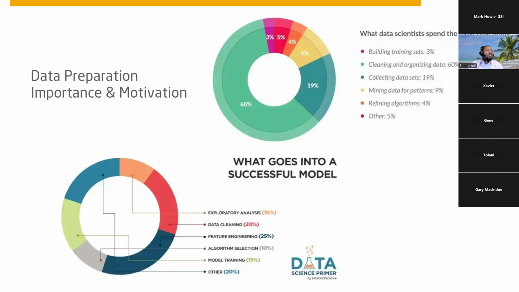So, data preparation, importance and motivation. As I said, if you look at this chart of what data scientists spend the most time doing, you see refining algorithms, because at least that's what people shout about when you hear data scientist, the model. It's just about 4%, whereas cleansing and organizing data is 60%.